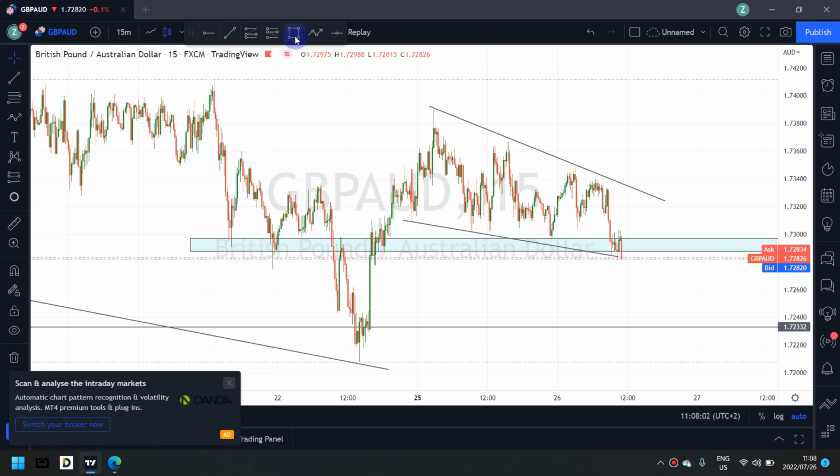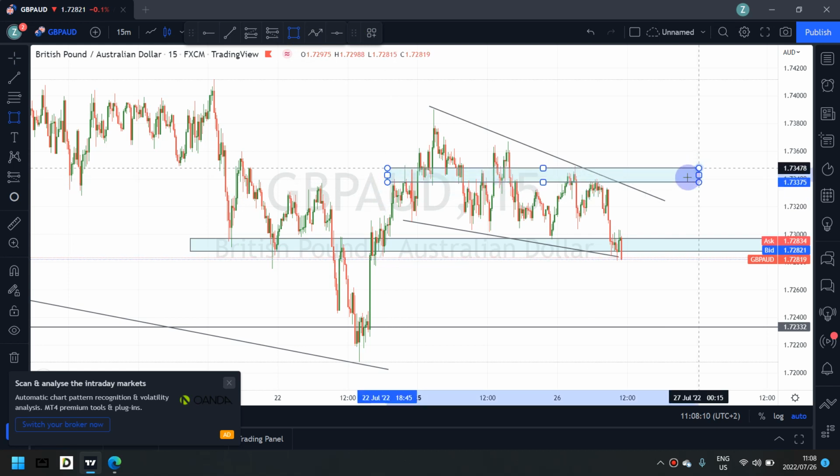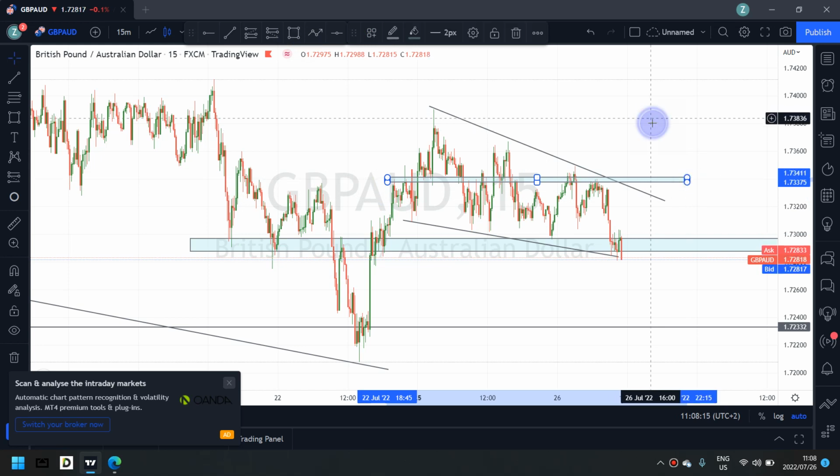So also on the 15-minute time frame, that's where we identify our entries, right? So there's a zone that I want to cater for before identifying entries.